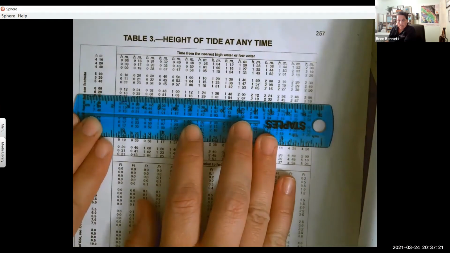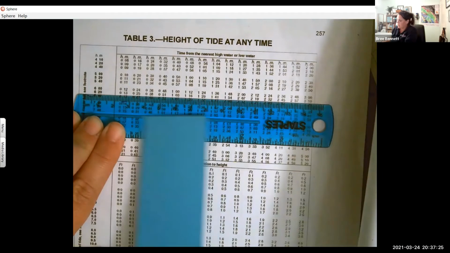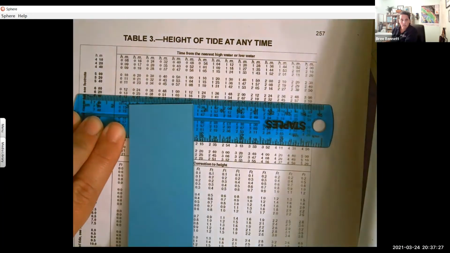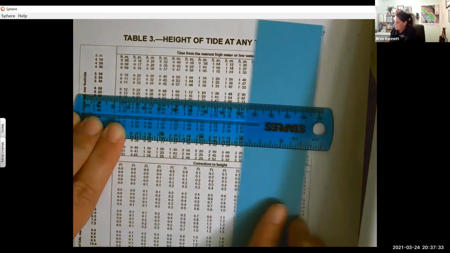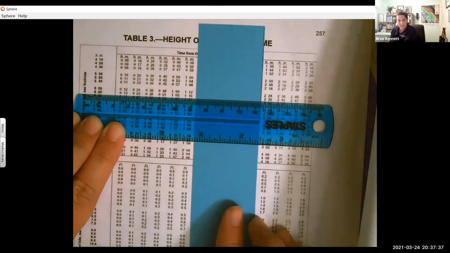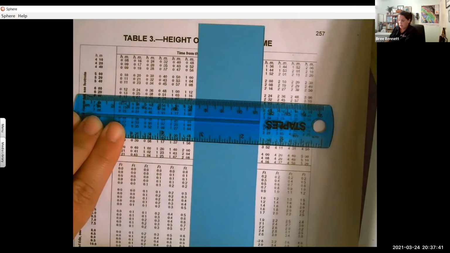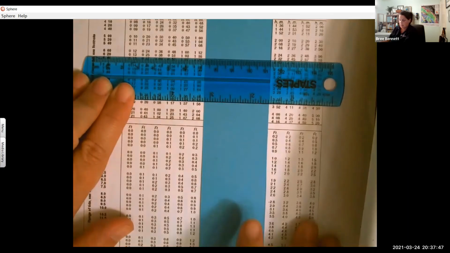And then we are looking for somewhere close to 1:17, 1 hour and 17 minutes. So we have 1:16 right there. So I know I'm going to be in this column.